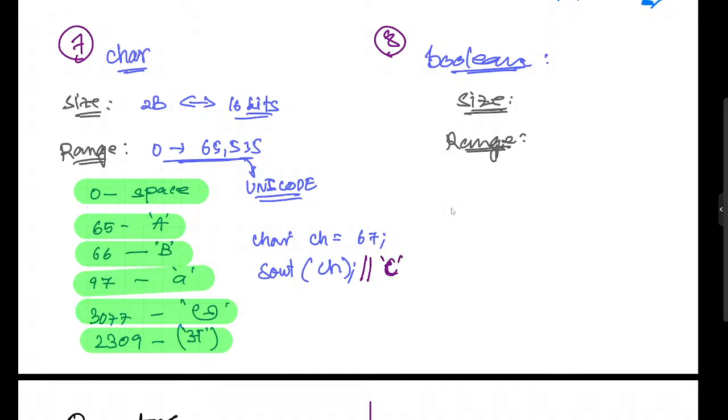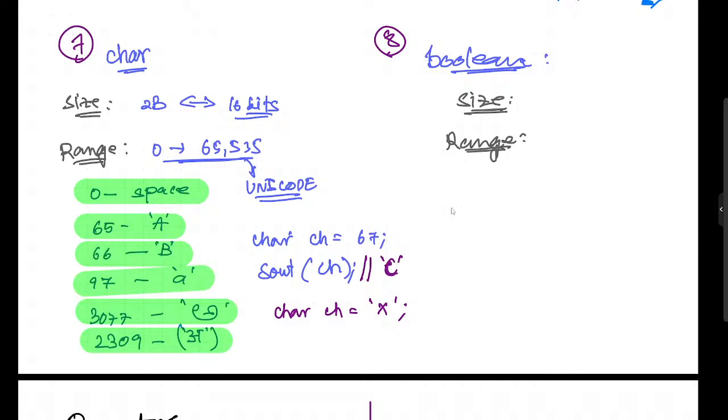So that is how char works. Basically, it is used to store character data. You can also write char ch equal to 'x', and you generally use single quotes for the character data. So that's all about character data.